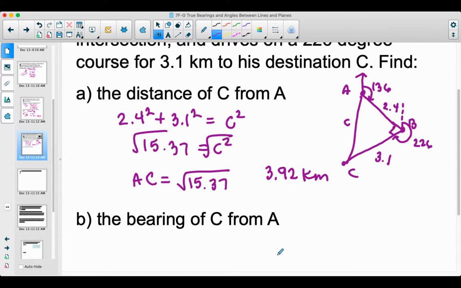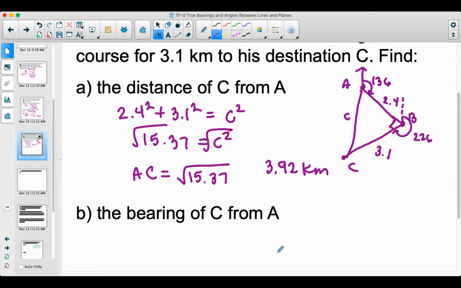And then part B says the bearing of C to A. And so our bearing of C to A is going to be, if you think about your due north, we're going to be looking at this angle, right?